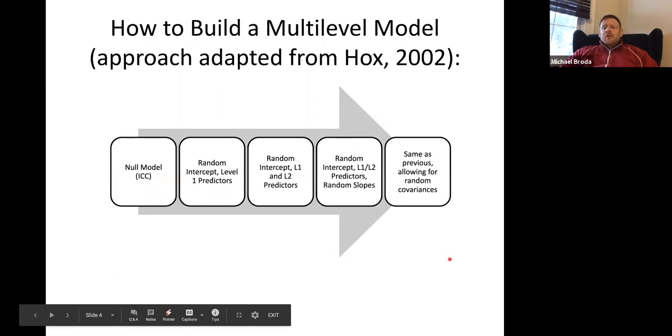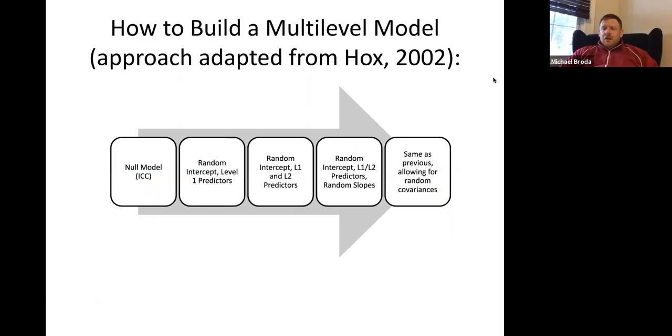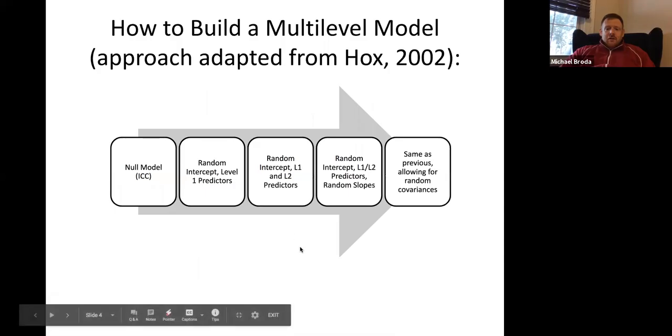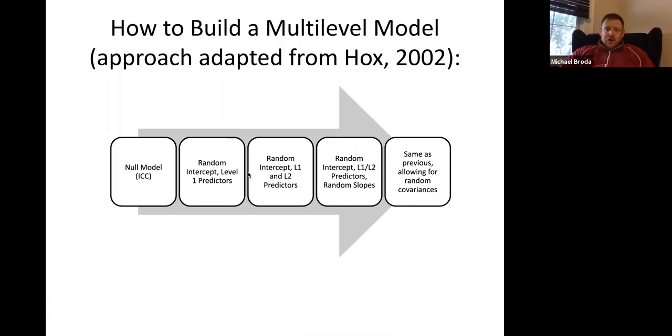Okay. So just a reminder of this, what I think is a hopefully useful slide, which is adapted from a book by Joop Hox on multi-level modeling. So this is sort of the process of how you build a multi-level model.